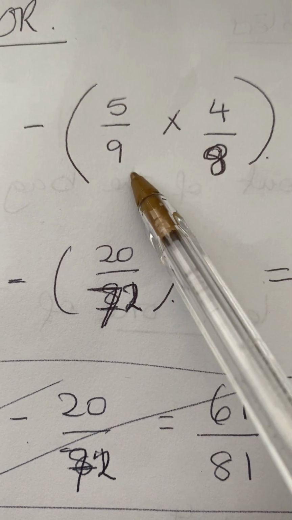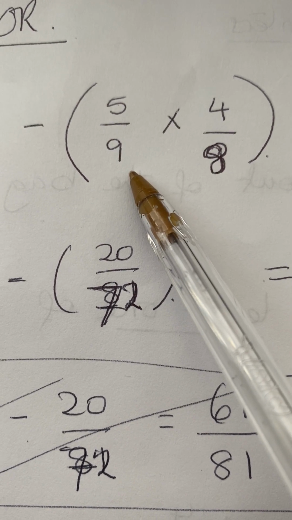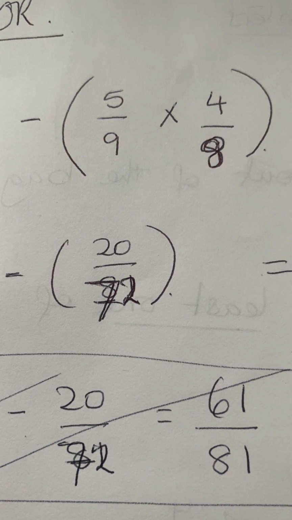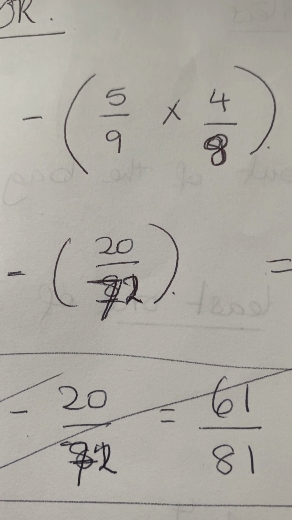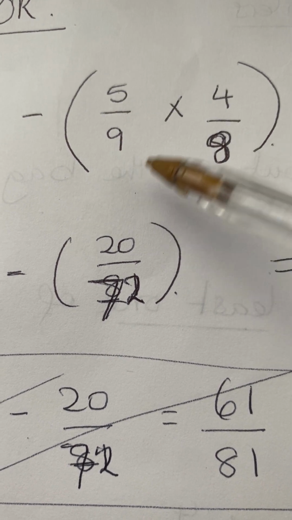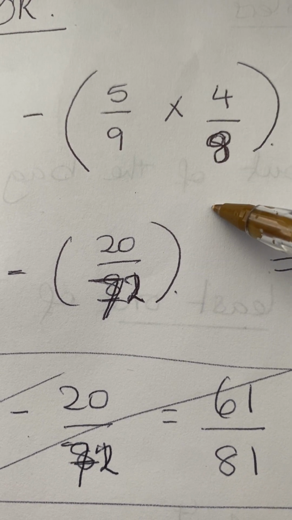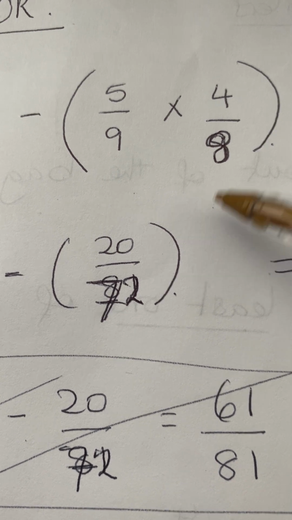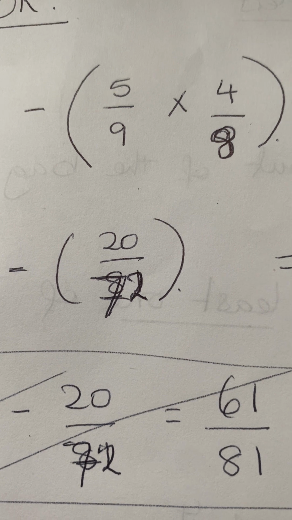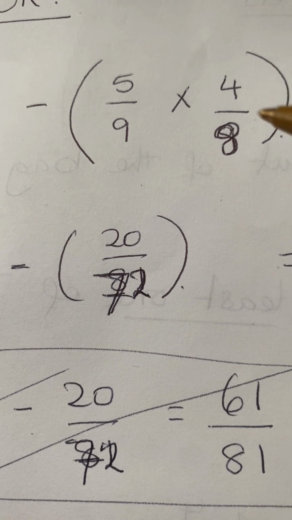So 5 over 9, okay? So that means 4 of them are blue. So for you to get none that is blue, you have 5 over 9 times 4 over 8, okay? This one is easier than the other one, okay?